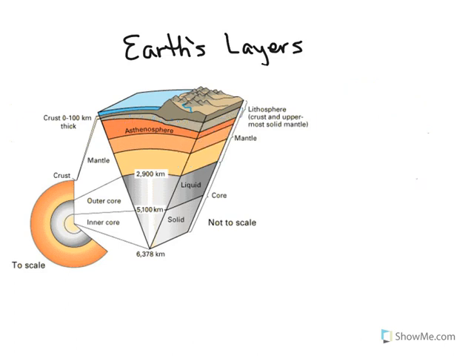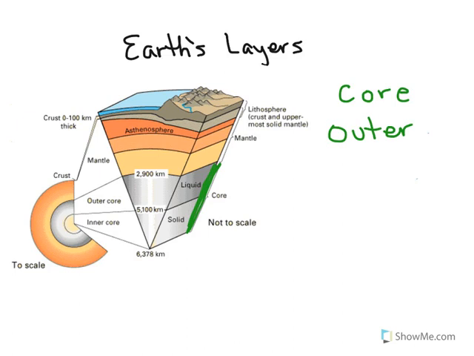The last of our layers is the innermost part of the earth, which is called the core. And again, we divide that into two parts. The part farther from the center is called the outer core. And our core is composed primarily of iron.